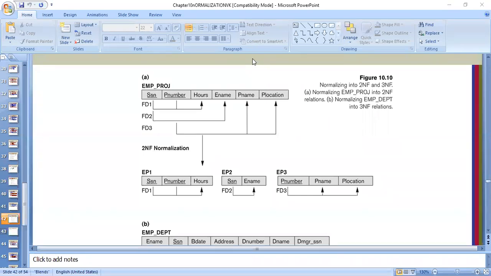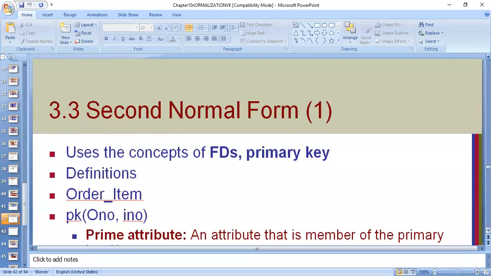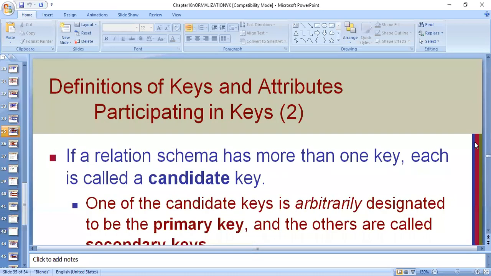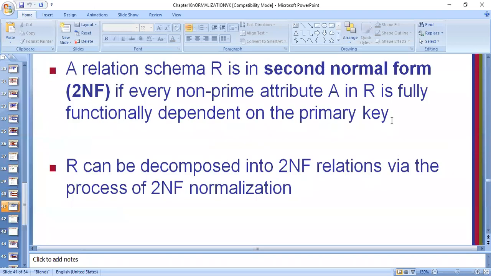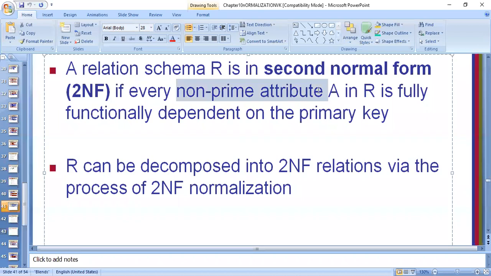So let us repeat the definition of second normal form. A relation is said to be in second normal form if every non-prime attribute A in R is fully functionally dependent on the primary key.